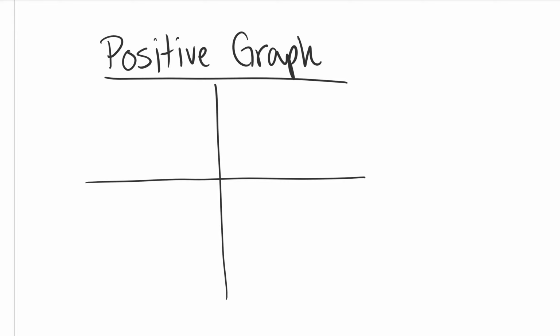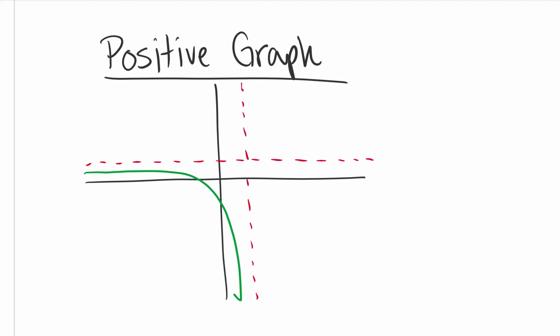It's really hard that way. So let's say I have an asymptote right here. There's my horizontal. Here's my vertical. If I have a positive graph, then notice I've cut this pretty much into 4 corners, okay? A positive graph is going to start in the bottom left and go down, and then jump across diagonally and go in the top right and also go down. Okay, that's how a positive graph looks.